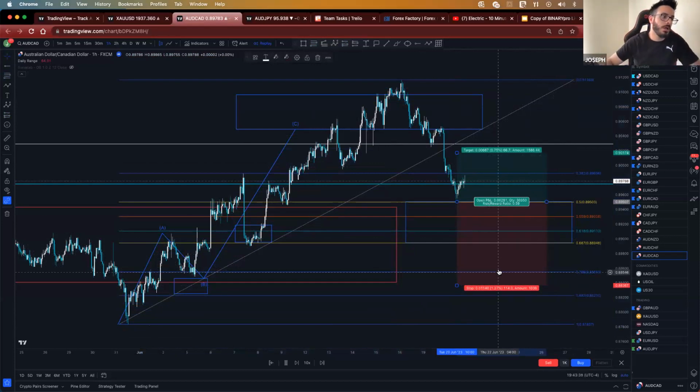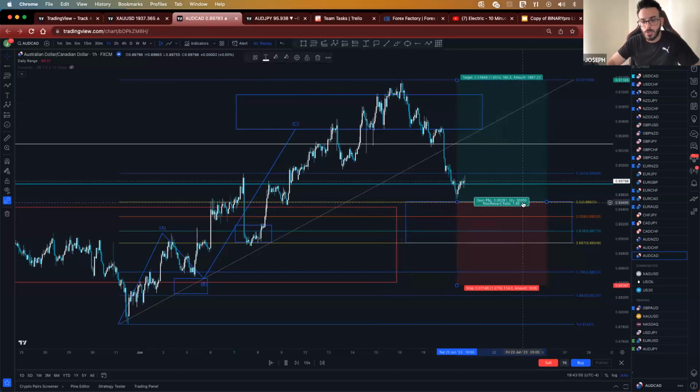And your take profit has to be minimum 100% to the higher high. So basically you're gonna have a 1.45 risk reward ratio.